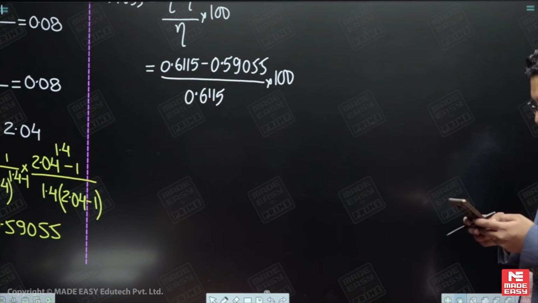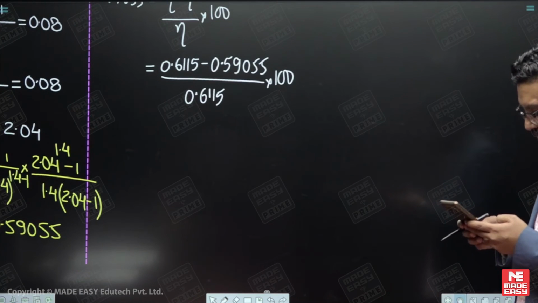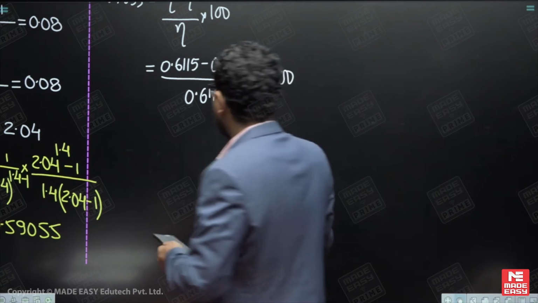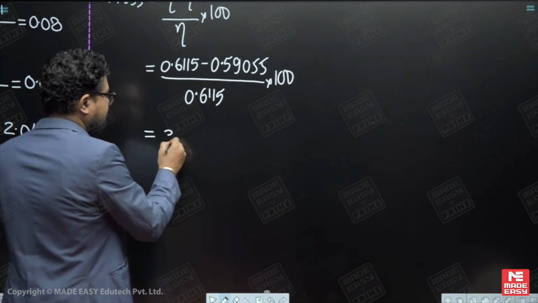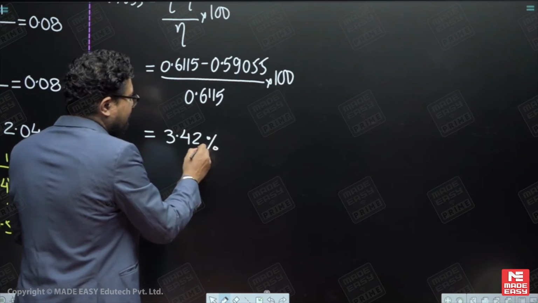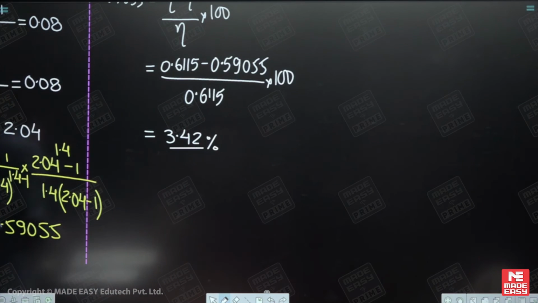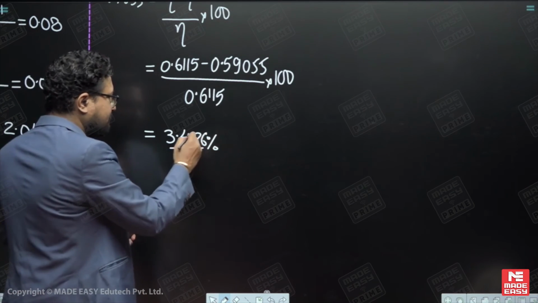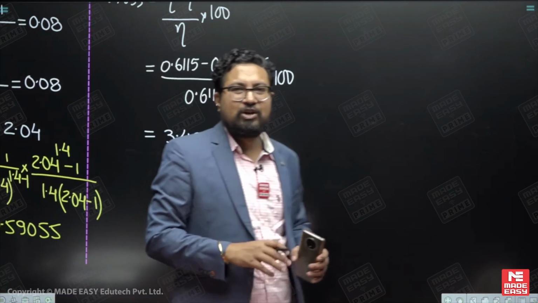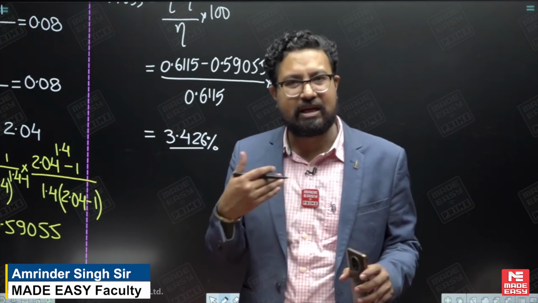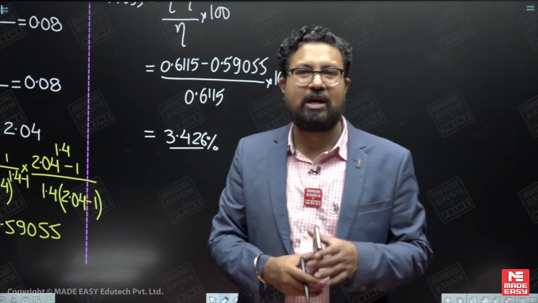This is coming out to be a loss of 3.426 percent. So we have found out the loss in the efficiency if we increase the cutoff ratio, rho.